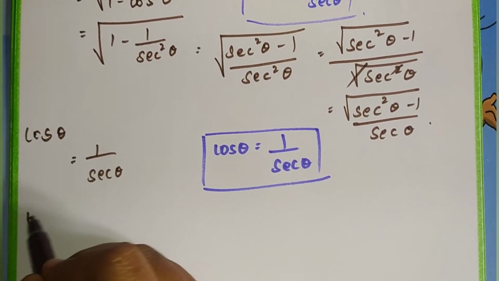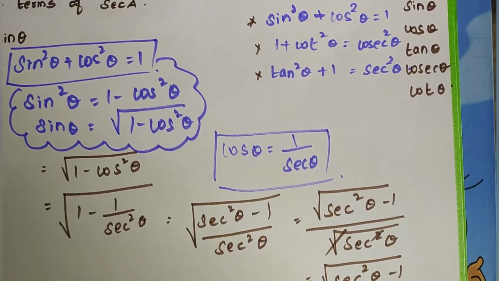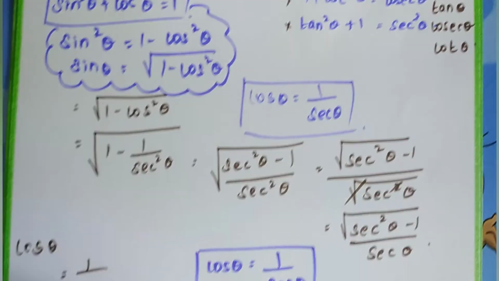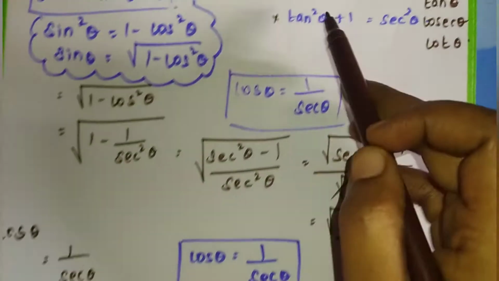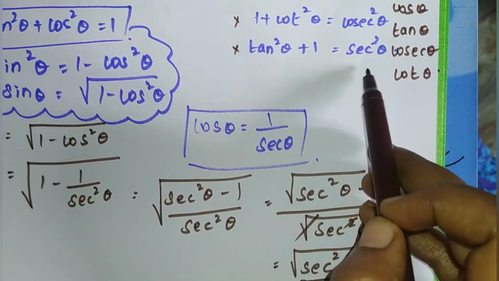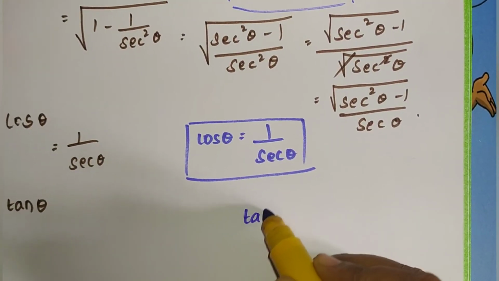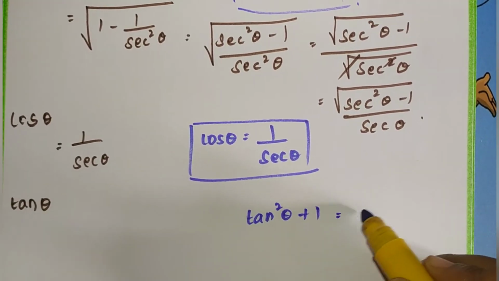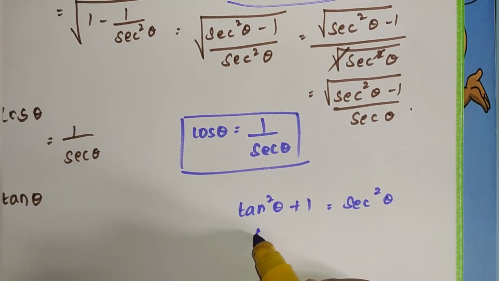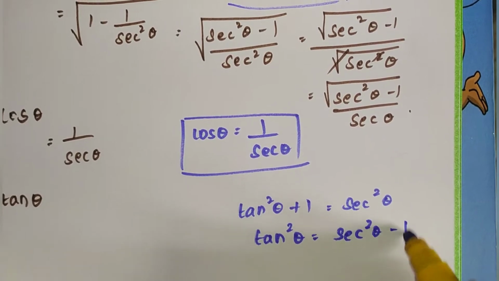And then tan theta. So which formula here we have to choose? We have to choose this. Why? I have taken tan theta, so tan theta is there. In terms of secant I have to change. So I am going to choose this identity. Tan square theta plus 1 is equal to secant square theta. Then tan square theta is equal to secant square theta minus 1.